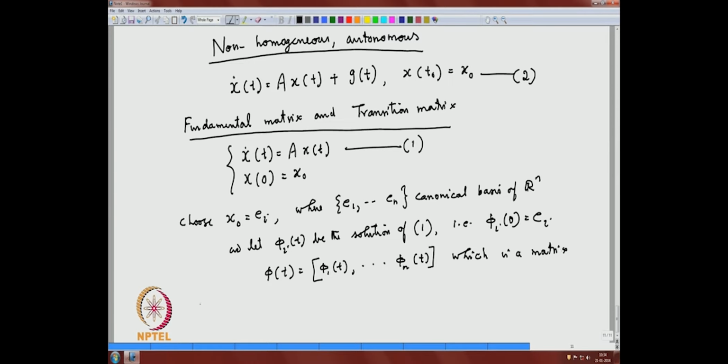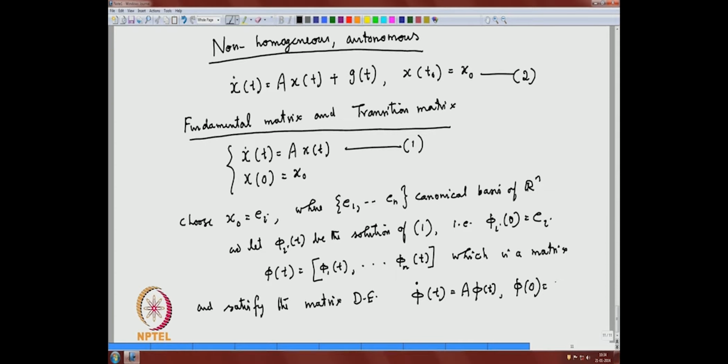and it satisfies the matrix differential equation, phi dot of t equals A phi t, where phi is a matrix now. So, you are arranging your phi i properly, and what is your phi at 0?